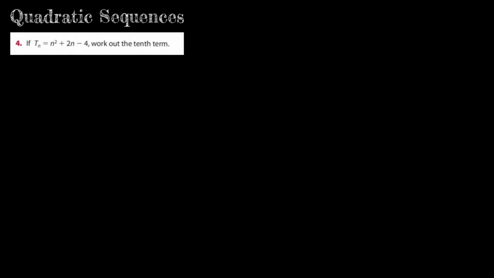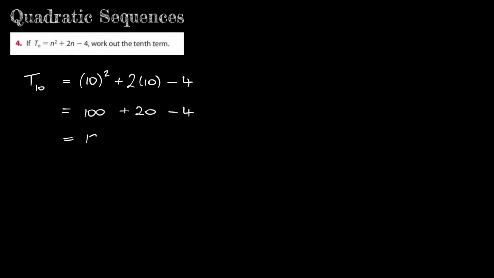So if I wanted to work out what the 10th term was, I'd have to put 10 in for n. So t of 10 will be equal to 10 squared plus 2 times 10 minus 4. So that gives us 100 plus 20 minus 4, which gives us 120 minus 4, which gives us 116.